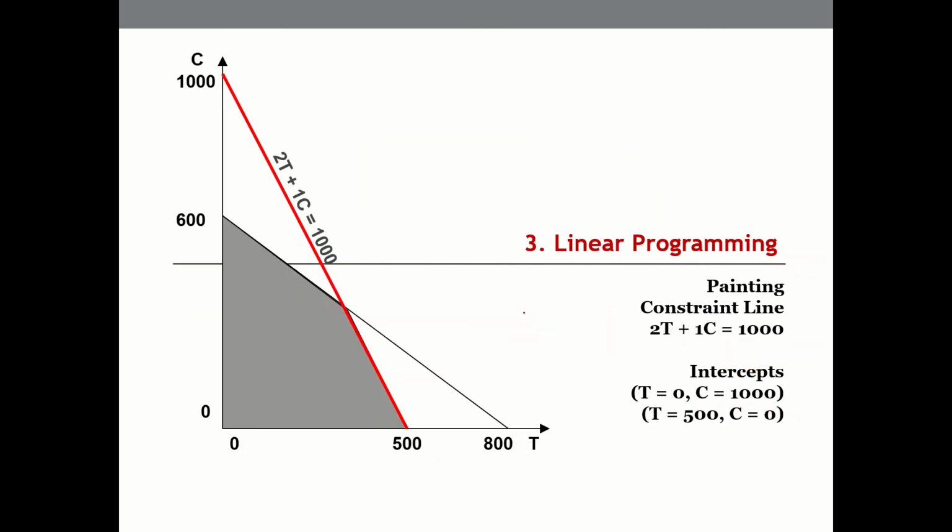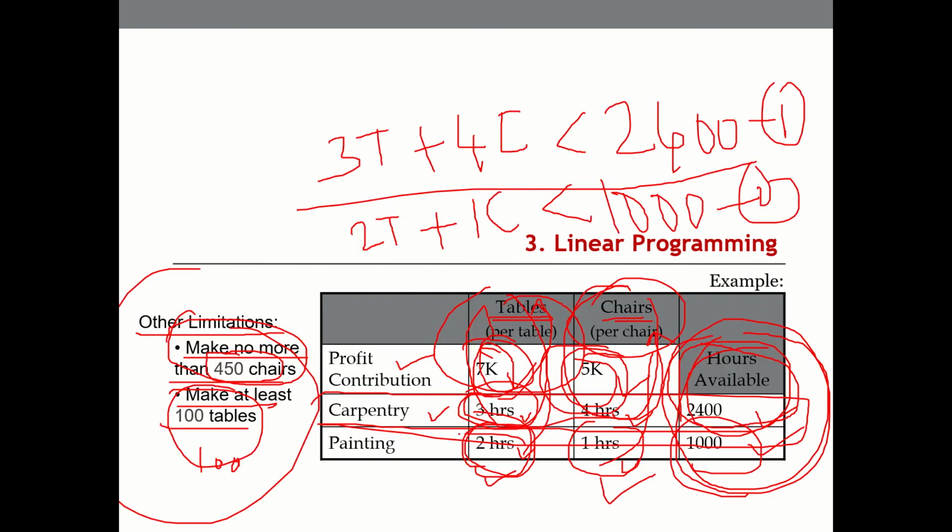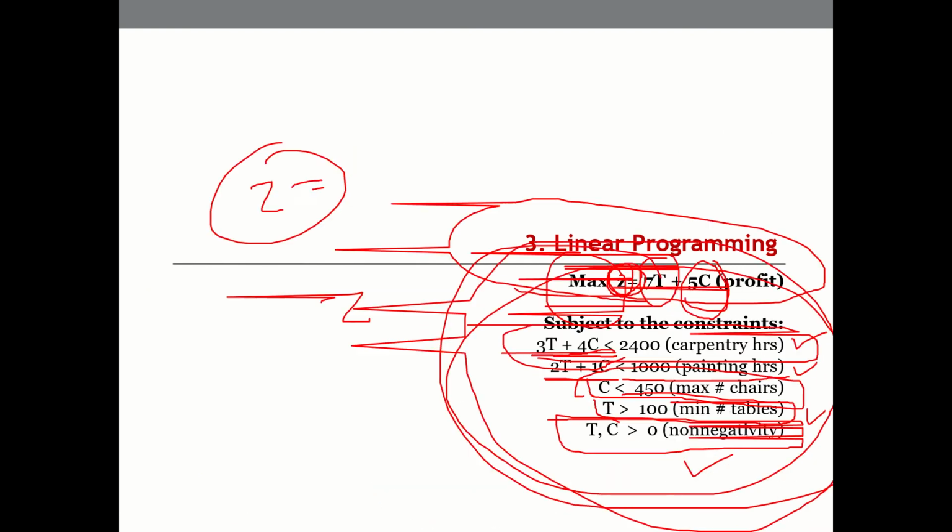Now we should convert the second equation into a diagram. The second equation says 2t plus 1c is equal to 1000. Here you can see the painting hours required for painting a table and a chair.